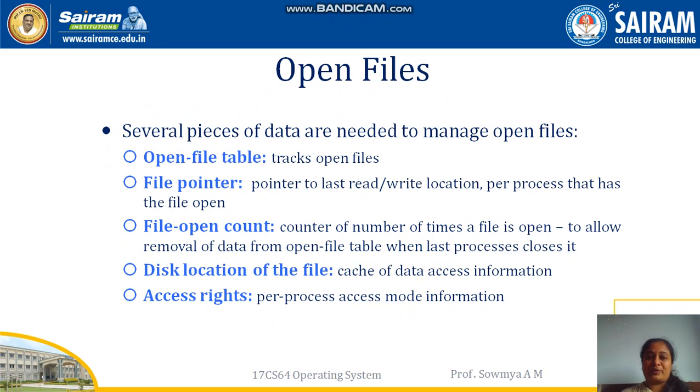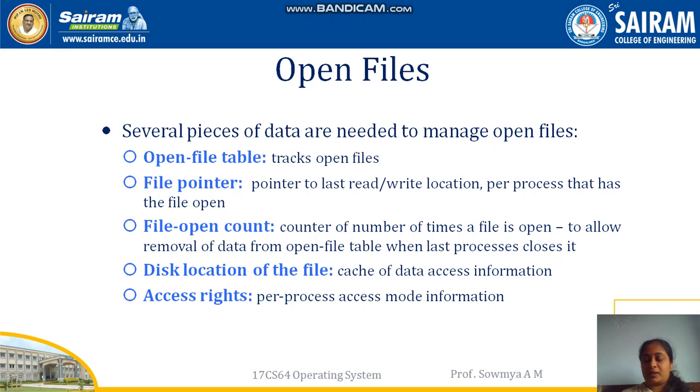Next one is open file. To open a file there are many constraints that the operating system has to follow. First one is the open file table. The open file table is a maintenance table kept for tracking all the open files.